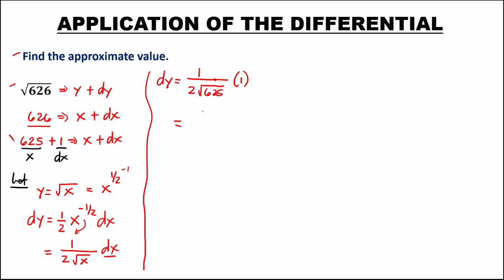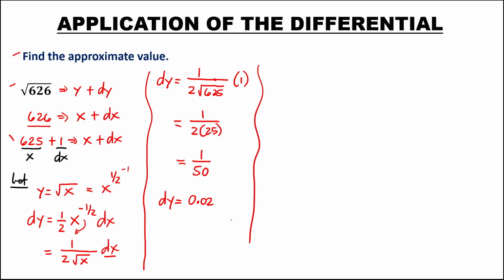Then this is 1 over 2 times the square root of 625, which is 25, and we have 1 over 50. So therefore dy is equal to 0.02.